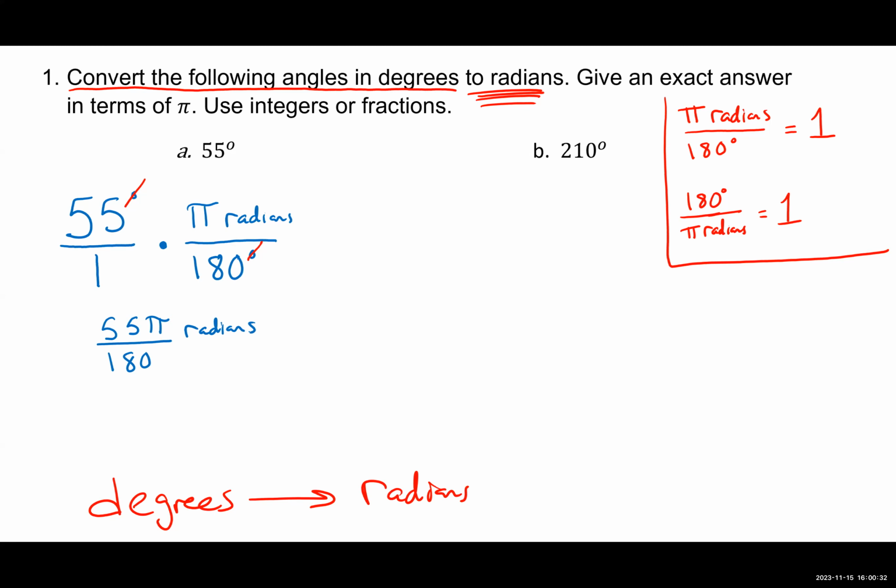Now we definitely want to reduce this. We want to always simplify our answer. So let's see, 55 is 5 times 11. So we got 55 pi is 5 times 11 times pi. And 180 is also 5 times something. I think it's 5 times 36.